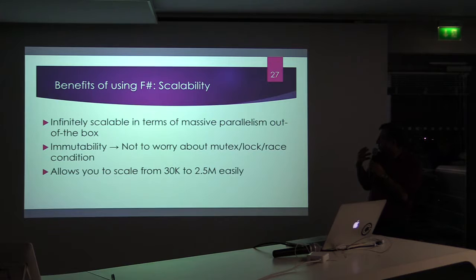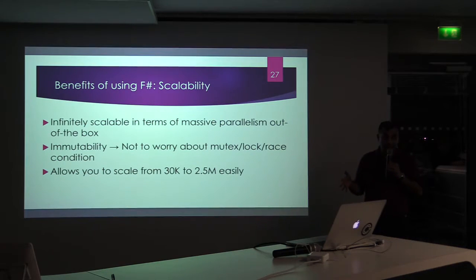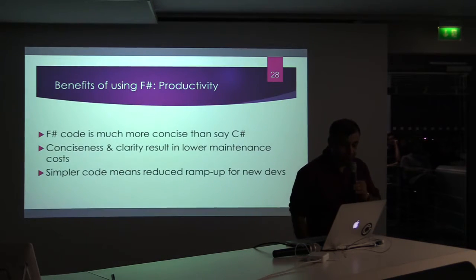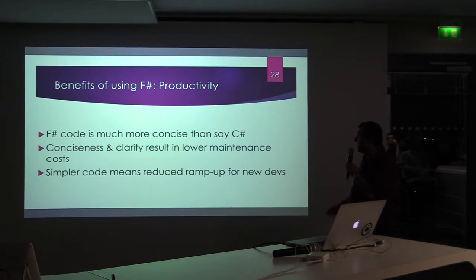One of the major advantages of using functional languages actually is that it's very, very easy to parallelize the code. This isn't something that you can say the same for Java, C# or even definitely not for C++.